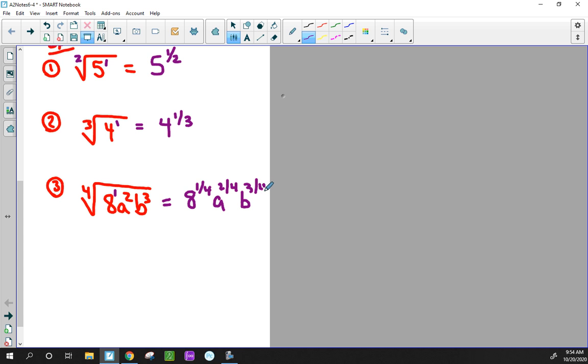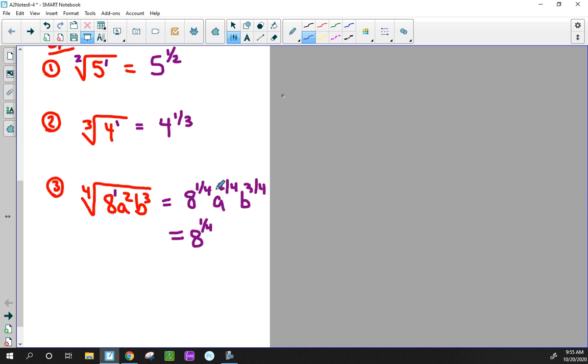And then, as always, please simplify when you can. Now, the 4th root of 8, or 8 to the 1/4, you can actually type this in your calculator, but when you do so, you're going to see that it gives you a kind of messy decimal, so it's actually better just to leave it like it is. My comment about simplifying your answers really deals with if this had been a whole number, you would definitely want to give me that.